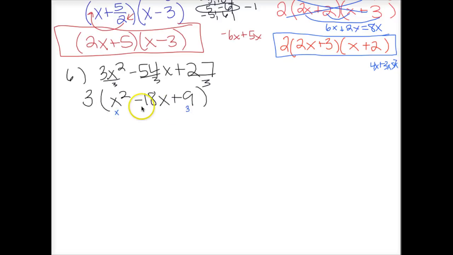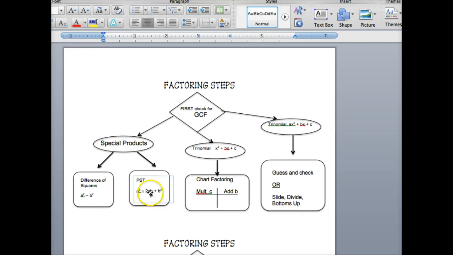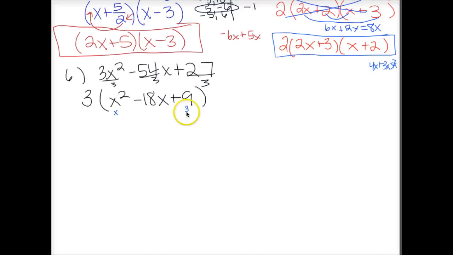But it fails my PST test because PSTs, the first and the last have to be perfect squares, but the middle term has to be double the product of the square roots. The square roots are 3 and x. 2 times 3 times x is 6x, not 18. So this is not a PST.